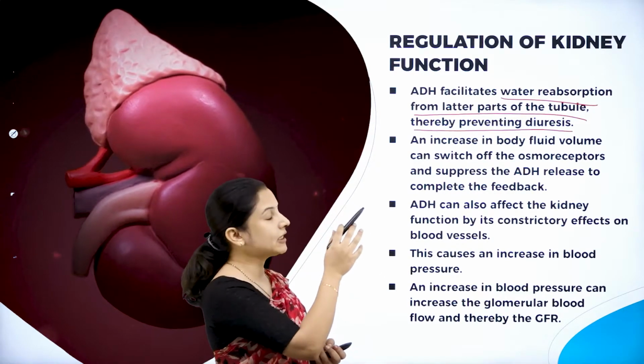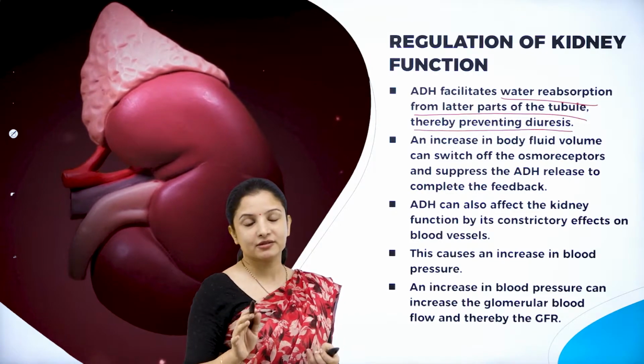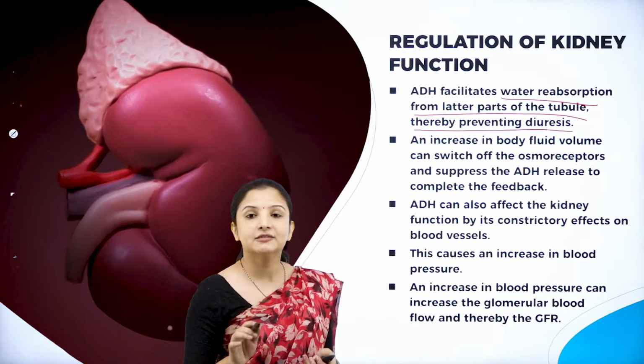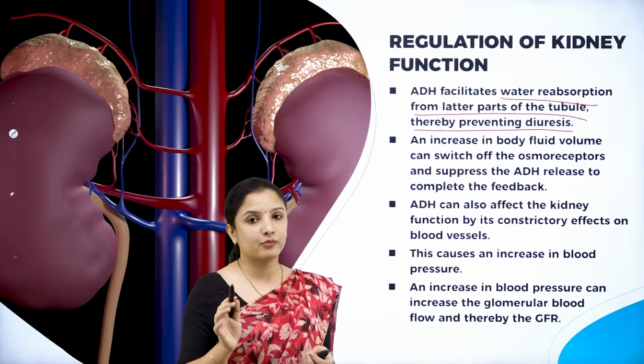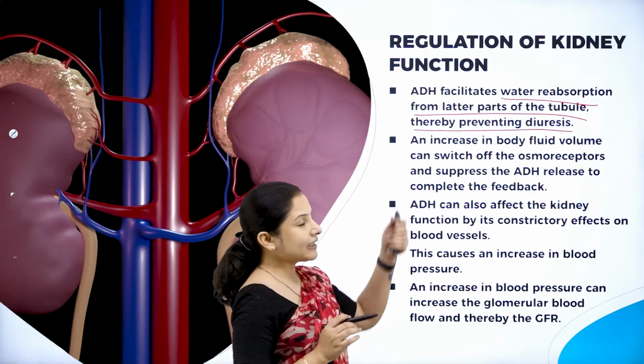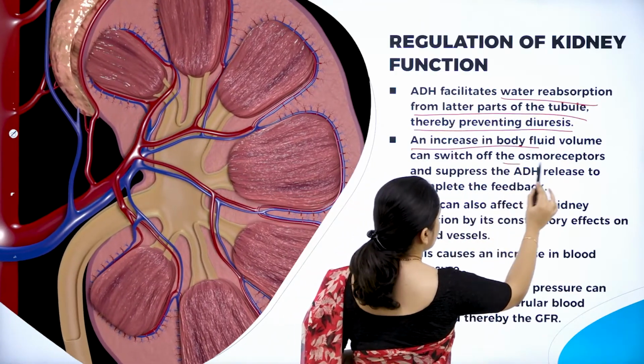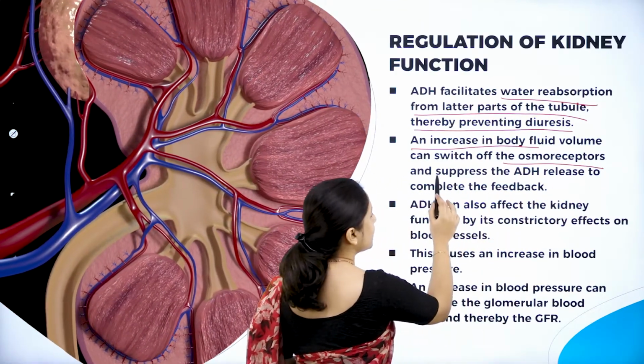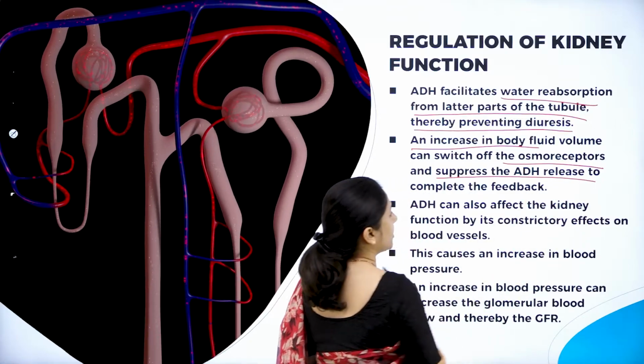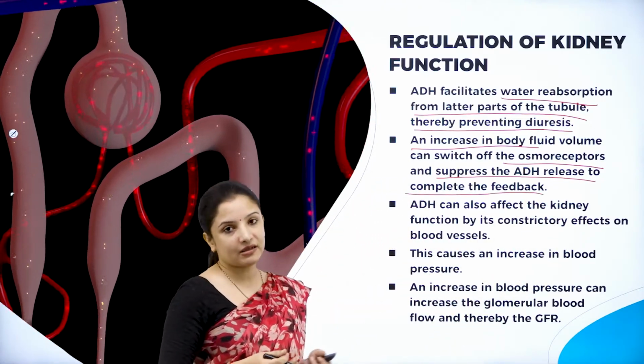That is, it will prevent diuresis. So what is diuresis? It is the loss of excess water from the body. And an increase in the body fluid volume will switch off the osmoreceptors and it will suppress the antidiuretic hormone release to complete the feedback.